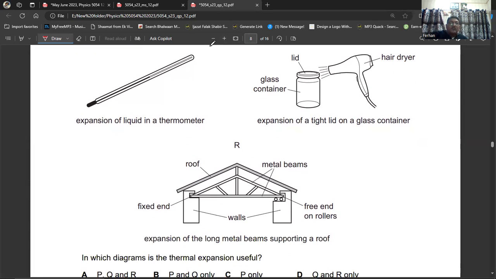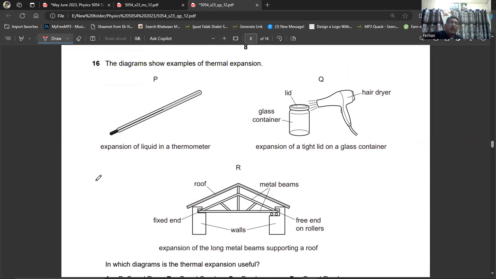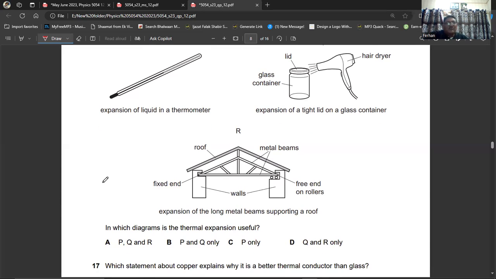So the question is, in which diagram is the thermal expansion useful? In the thermometer, the thermal expansion is very useful. In P, the thermal expansion is very useful. In the Q case, the thermal expansion is very useful because you are able to open that lid. In the case of R, it's not that useful.